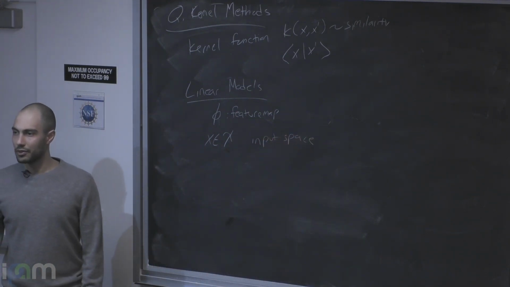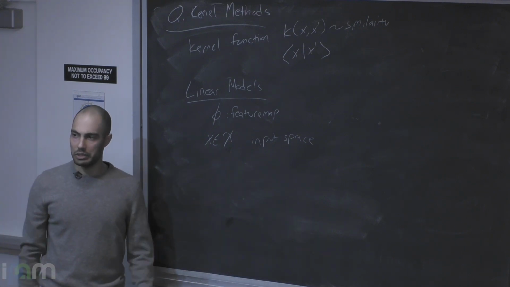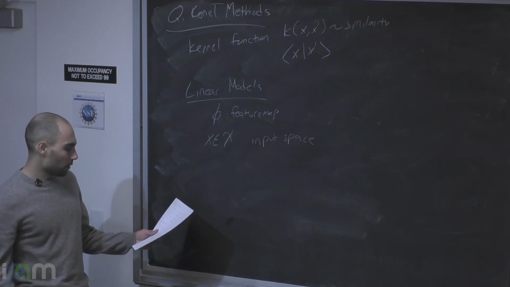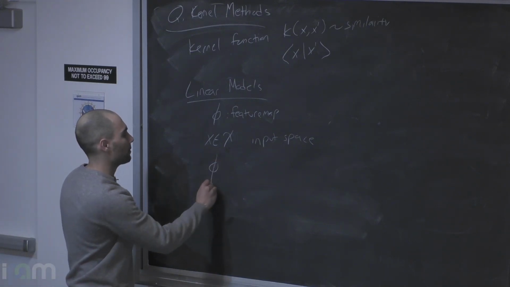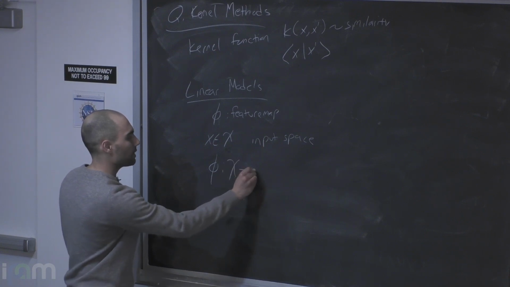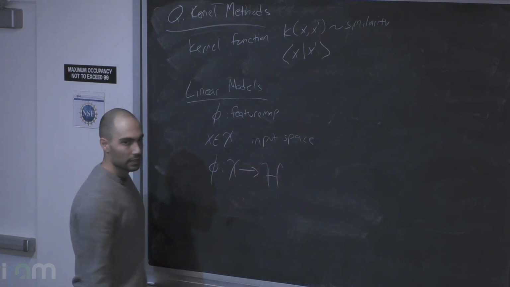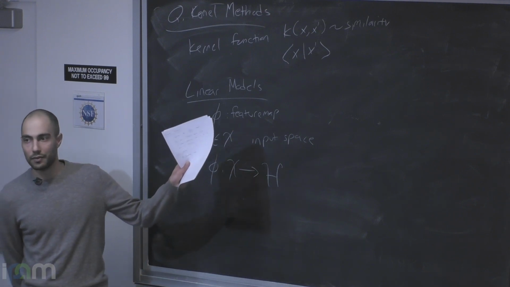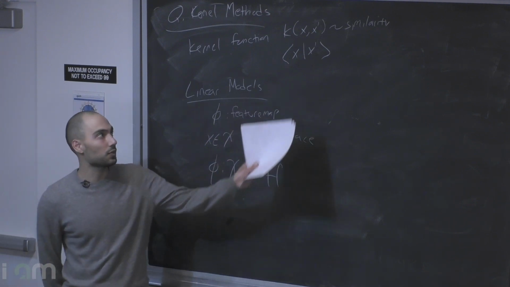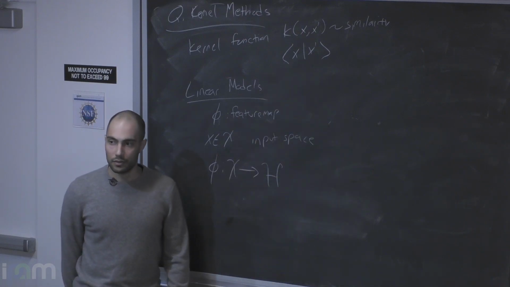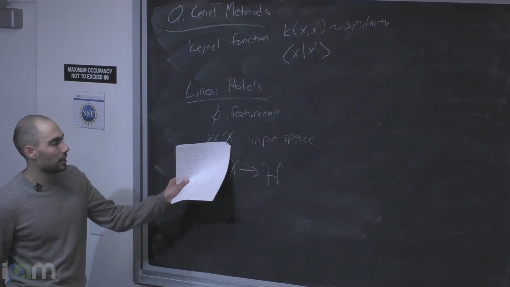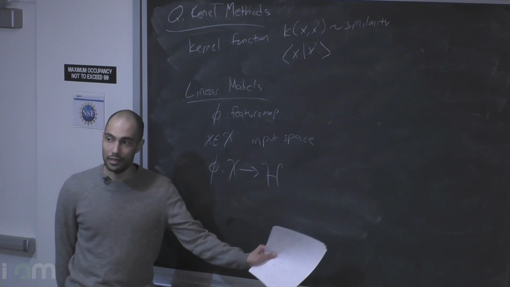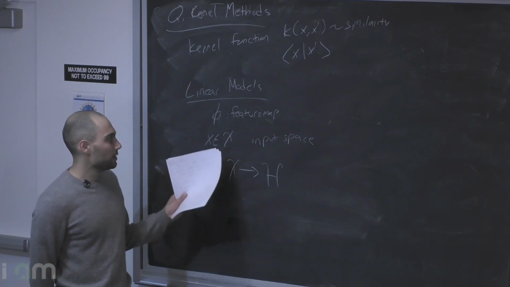It can be a set of numbers, an image, a graph, text, whatever it may be. But all we have to do is say we have a map that takes this input space into some Hilbert space. If you haven't heard of the word Hilbert space before, just think of the space of quantum states that comes with this inner product. So as long as we can take our input, whatever it is, and map it into some quantum state, then we have a feature map.